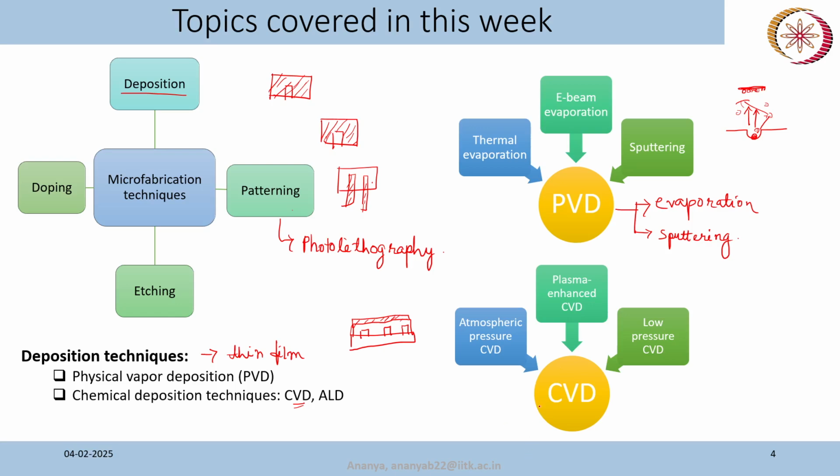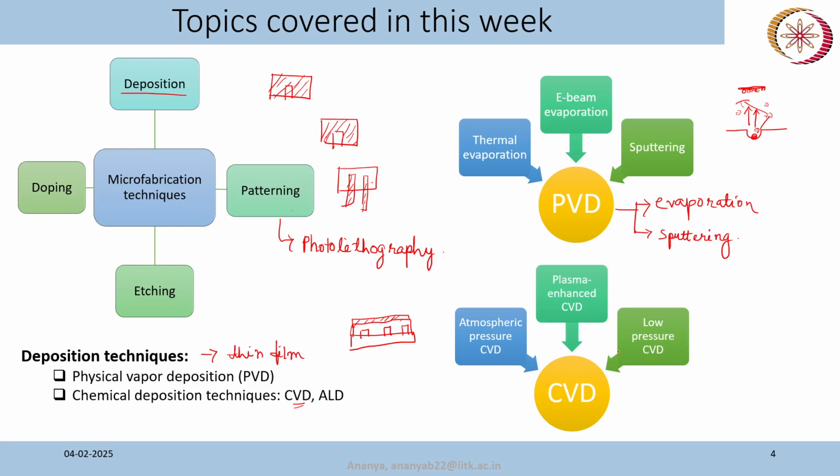In a normal CVD system, how do we provide this energy? By providing heat as the energy source. Based on the setup, the mechanism will be similar, but the CVD setup can be categorized into different types. Atmospheric pressure CVD, APCVD: here the energy is provided as heat, but the whole reaction, whole deposition is done at atmospheric pressure.